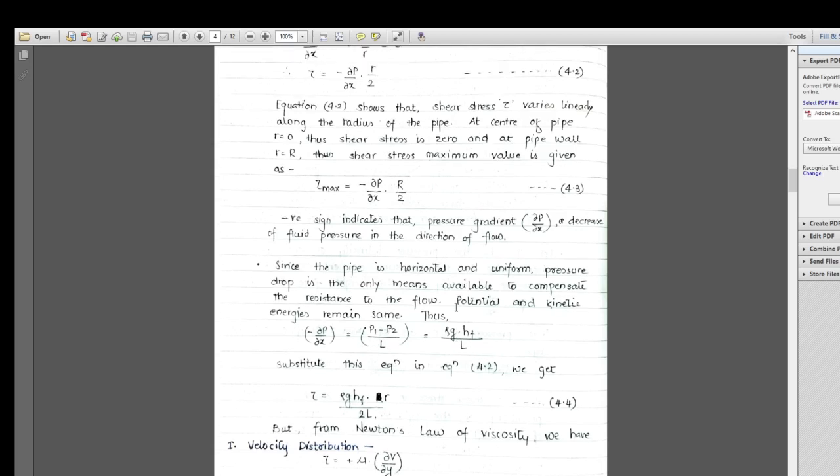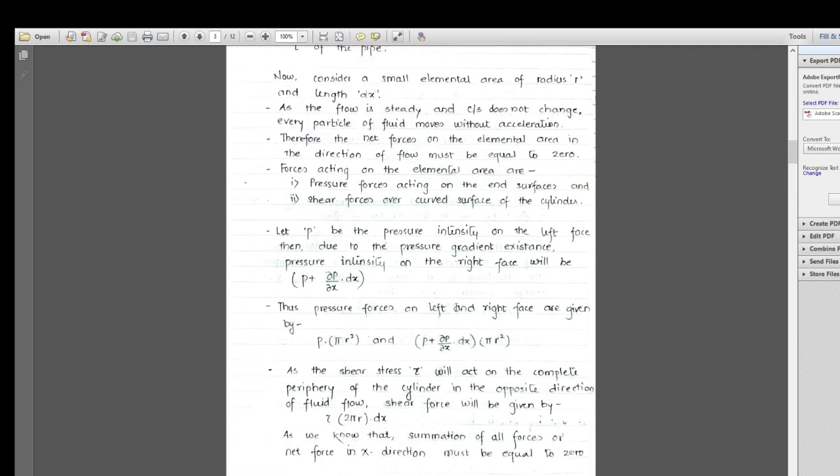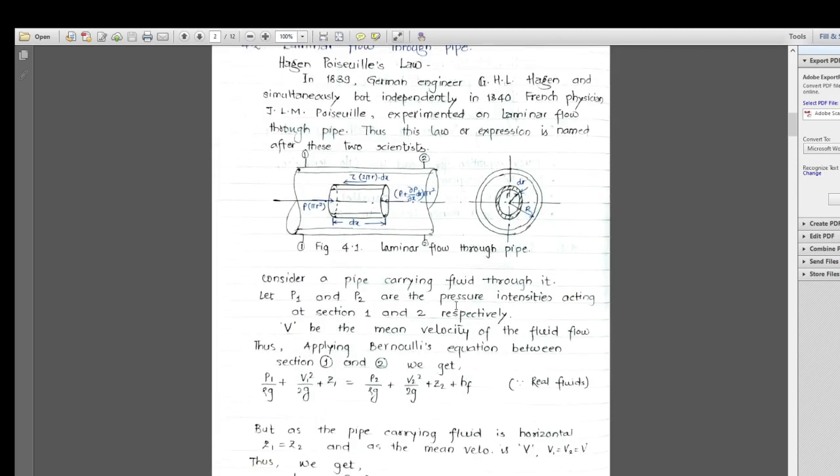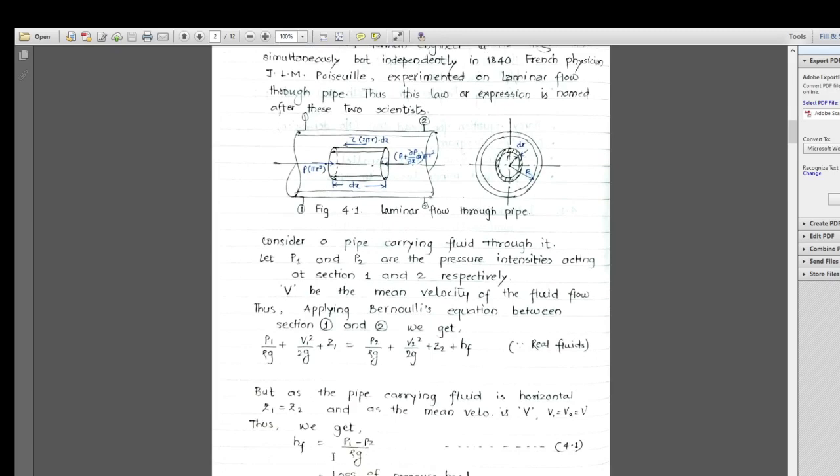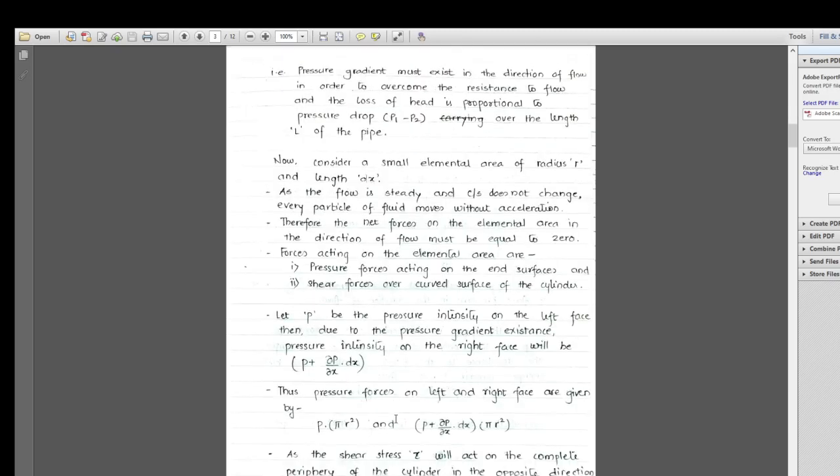As we know, from this equation, P1 minus P2 upon rho g is HF.